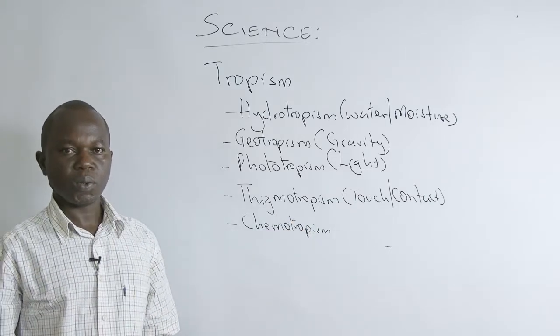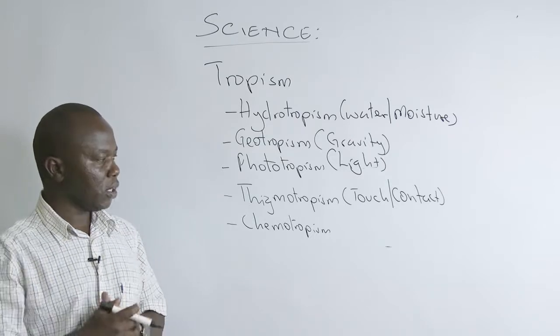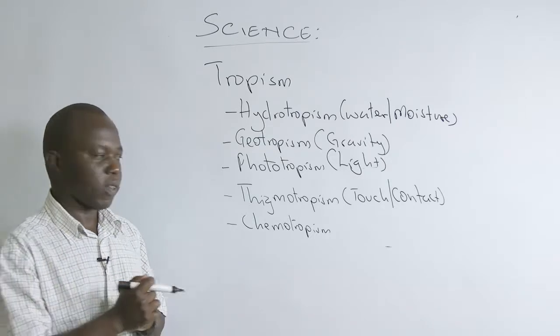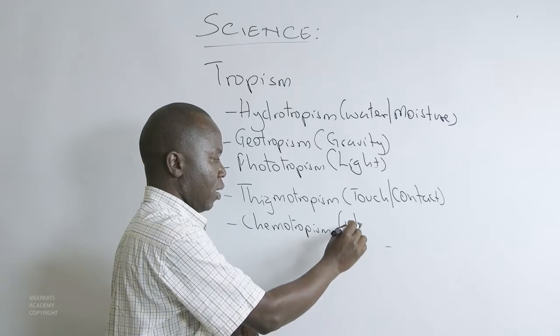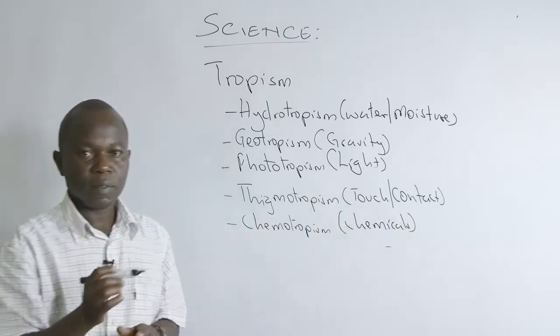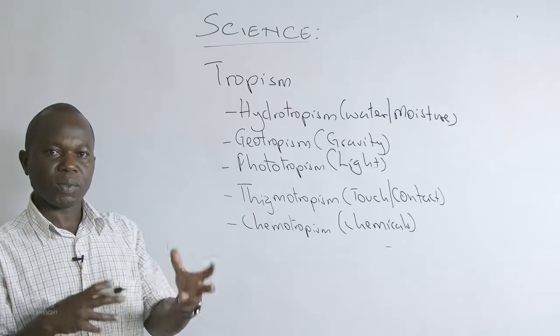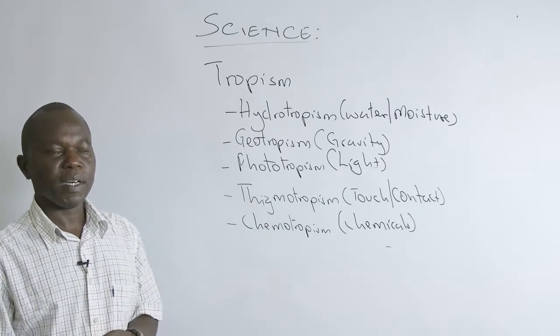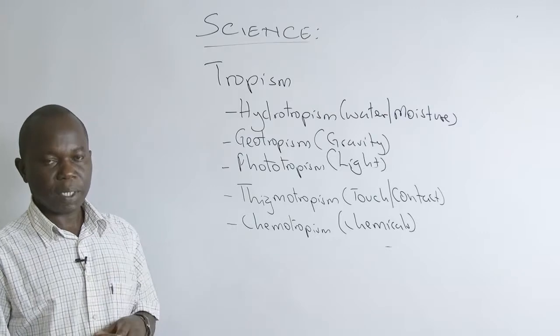Response to change in gradient or concentration of chemicals. So here, the stimulus being chemicals. So we are going through this just to jog your mind as we prepare for our topic today.